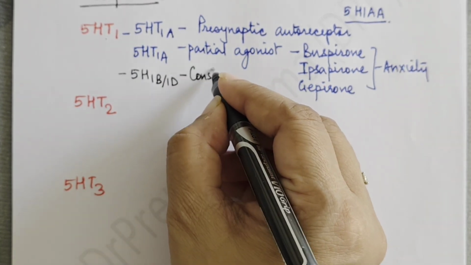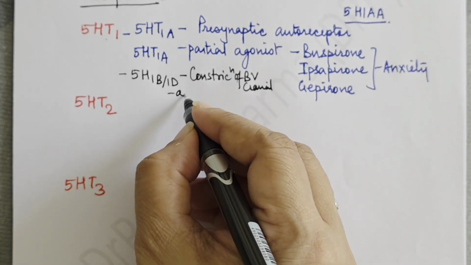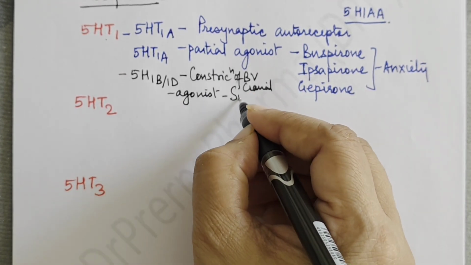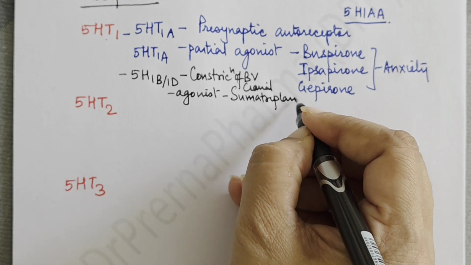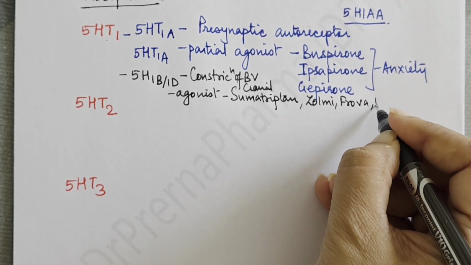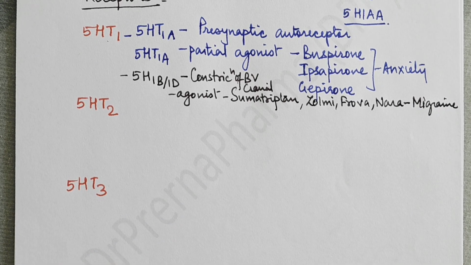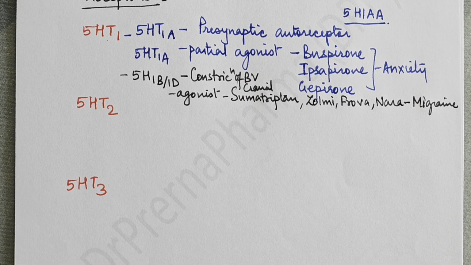It causes constriction of blood vessels, especially the cranial vessels. The agonist of 5-HT1B/1D is sumatriptan. There are also zolmitriptan, frovatriptan and naratriptan, and they are used in migraine. So 5-HT1B/1D causes constriction, and so we have the triptans.